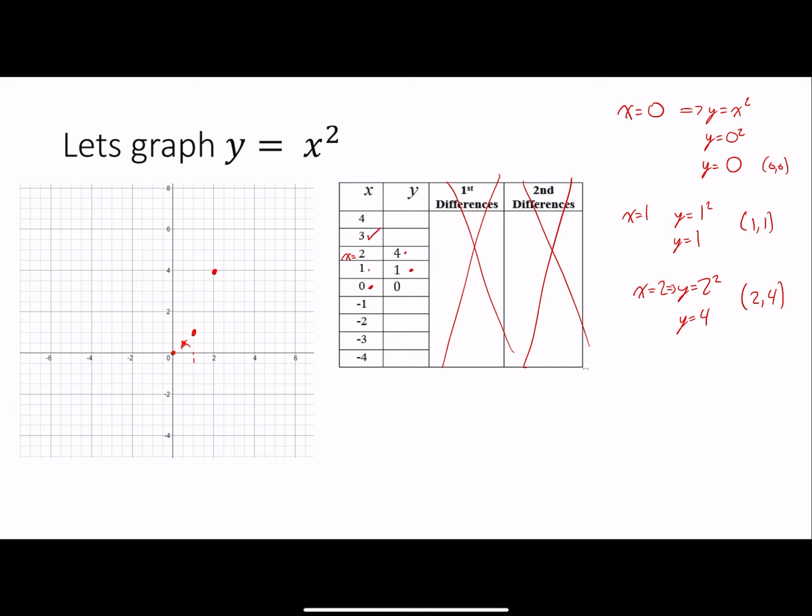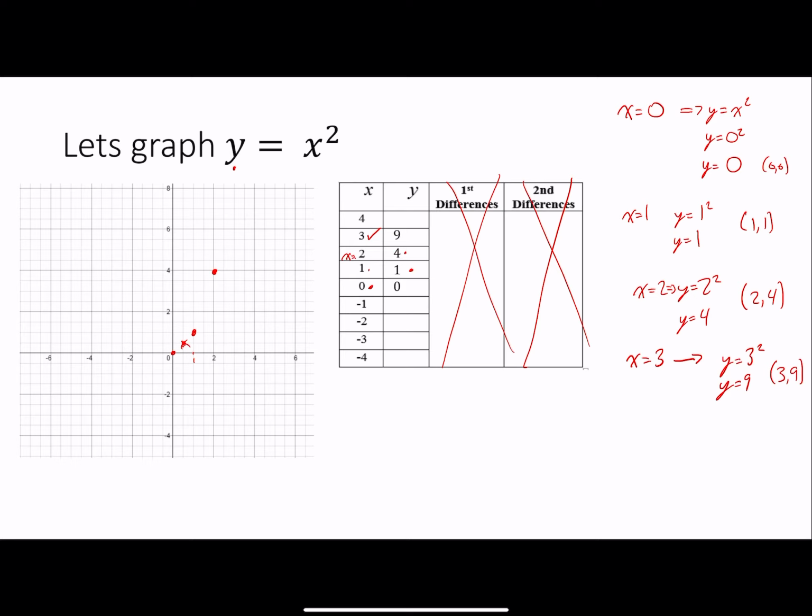When x is equal to 3, y is equal to 3 squared. Y is equal to 9. 3 squared is 9. Our point is now (3, 9). So let's graph that. 3, and my 9 would be probably right there. That's fine.